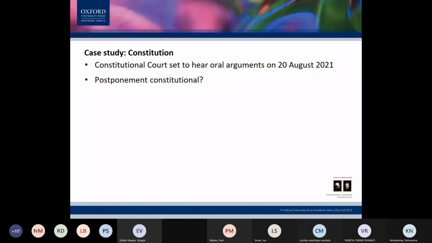So yesterday we published an article where we try to deliberate on this, but it is actually a very tricky situation because the IEC knows its constitutional mandate and it does not want to breach it. That's why it requested the former Deputy Chief Justice Dikgang Moseneke to help by presenting a report on the feasibility of holding free and fair elections.